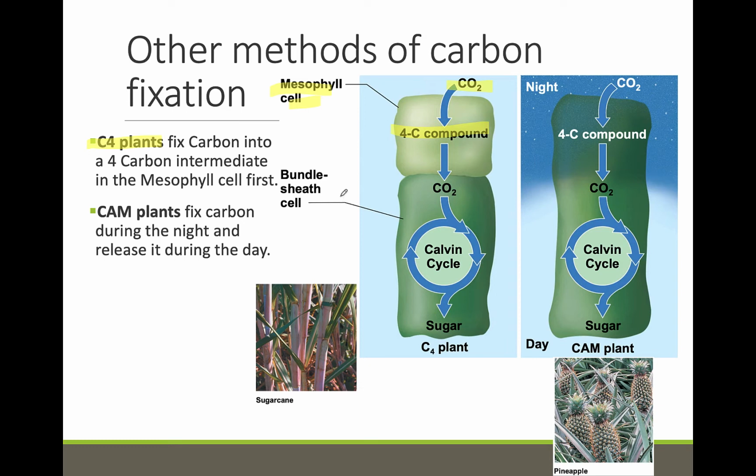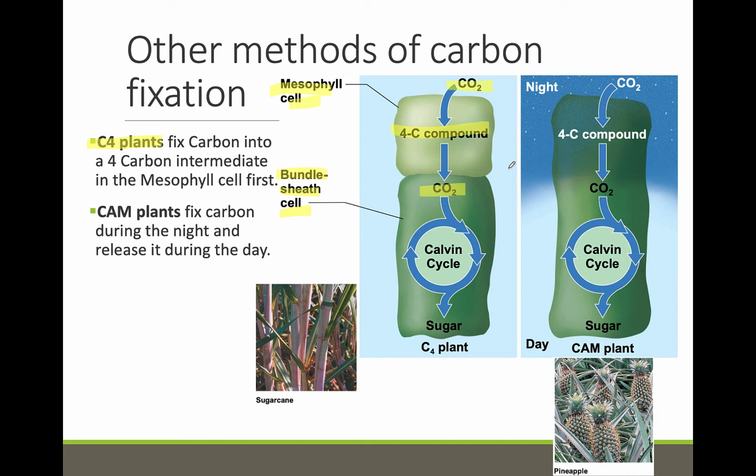This 4-carbon compound is then physically moved into the bundle sheath cells. Here, the carbon dioxide is released as a gas again for rubisco to fix it and begin the Calvin cycle. These plants have gotten around the issue by using another enzyme that is not inhibited by oxygen first. Then they can move the carbon dioxide into the bundle sheath cells where the rubisco is.